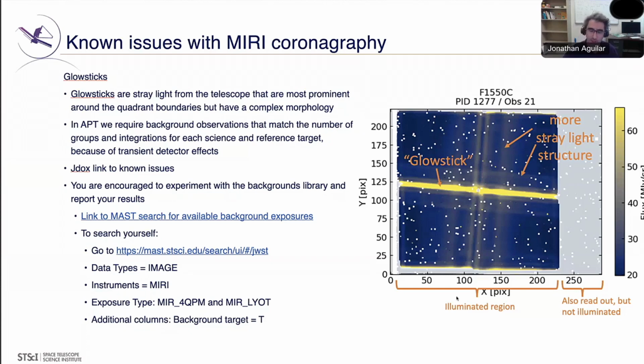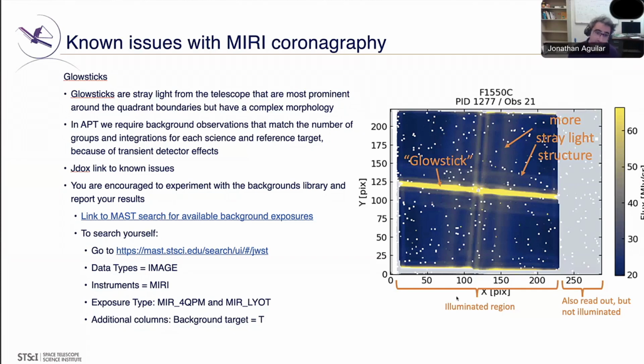So if you match those, then your background will remove those transients exactly. Having dedicated backgrounds solves a number of issues with MIRI data. There's readout noise, there's other sources of noise, patterns that are superimposed on the data that get removed by taking a contemporaneous background. So you get rid of the glow sticks, and while there's overhead, it does a lot to improve the quality of your data.